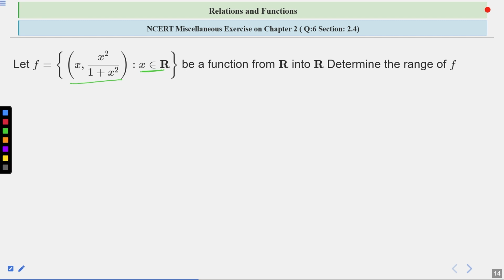So this function is already given to you from R to R. Now what you have to do is simply find the range of this function. Clear? You'll have some seconds to try this problem, then afterwards we will move on to the solution slide. So your time starts now.